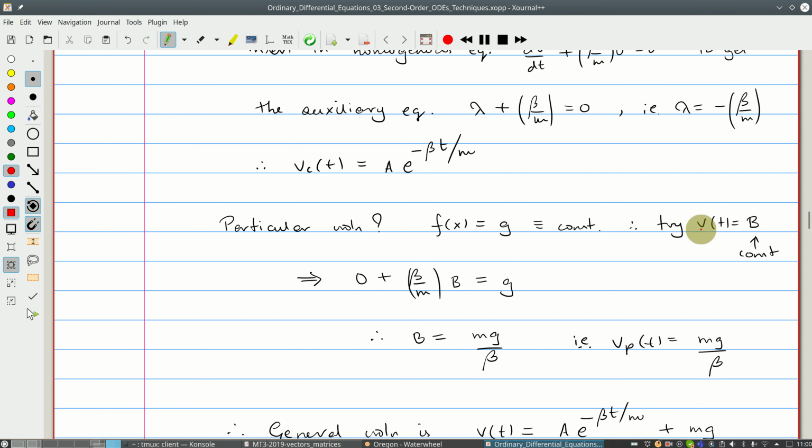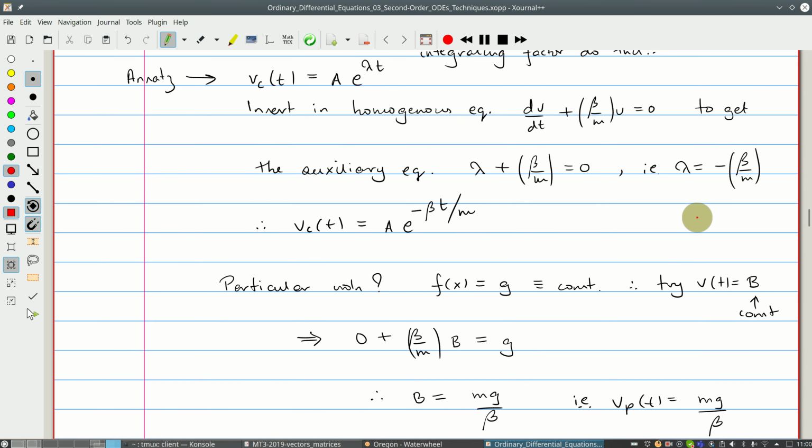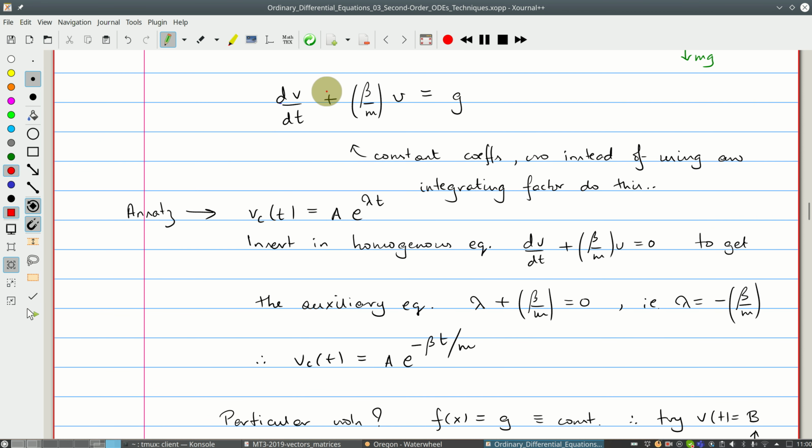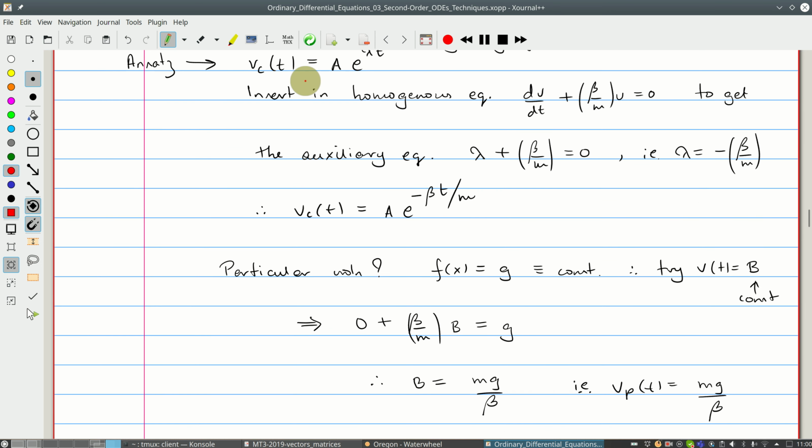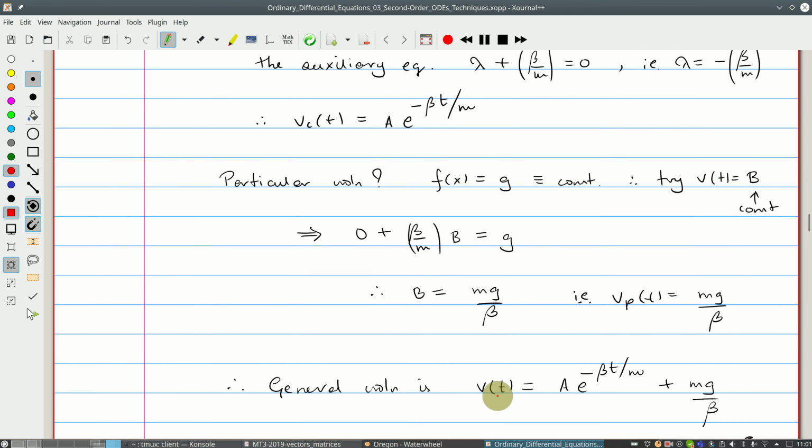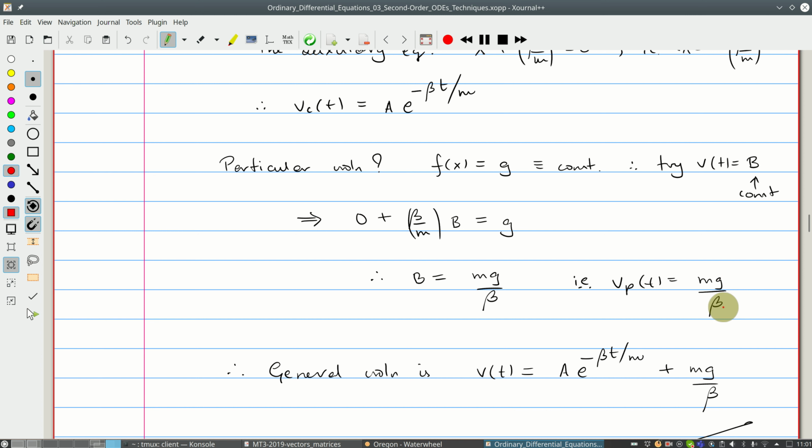So you insert this into the inhomogeneous differential equation, and what you will end up with is 0, because this is equal to a constant, so the first derivative gives us 0. 0 plus beta over m times b is equal to g, and therefore b is equal to mg over beta. So our particular solution is mg over beta, and therefore the general solution is the complementary solution, the one with the constant a, plus the particular solution mg over beta.